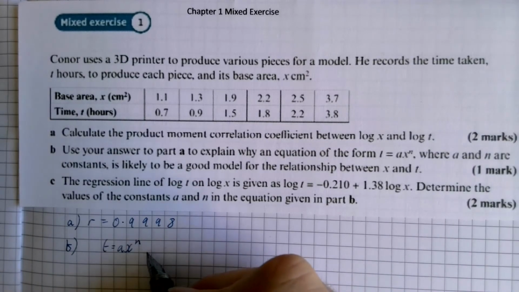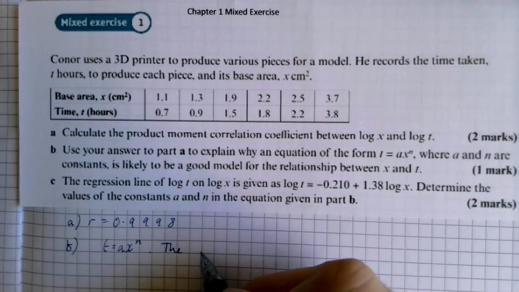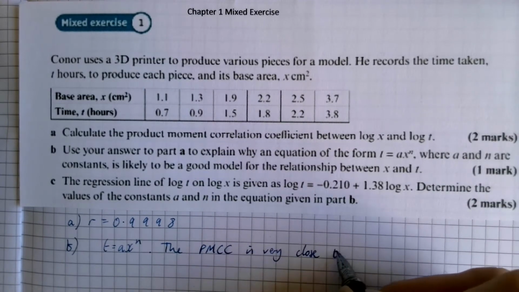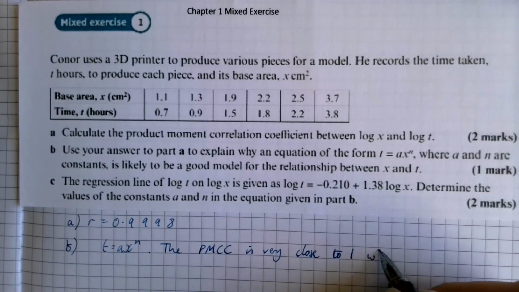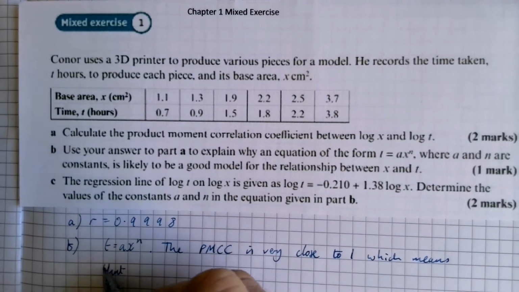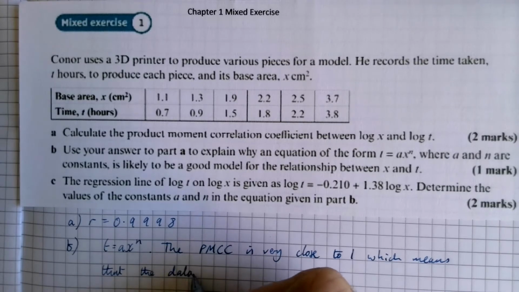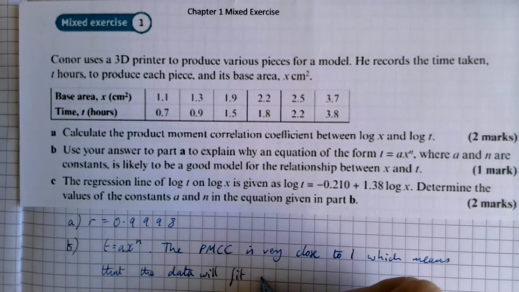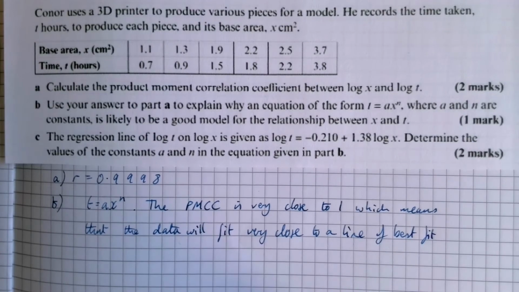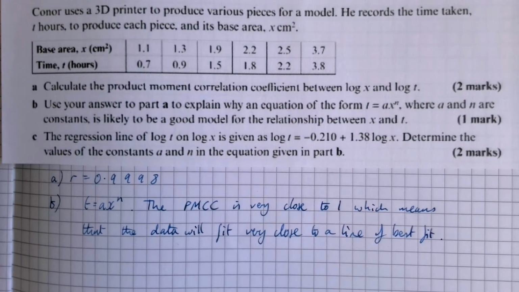Is that the product moment correlation coefficient is very close to 1, which means that the data will fit very close to a line of best fit. That is all we need for that.